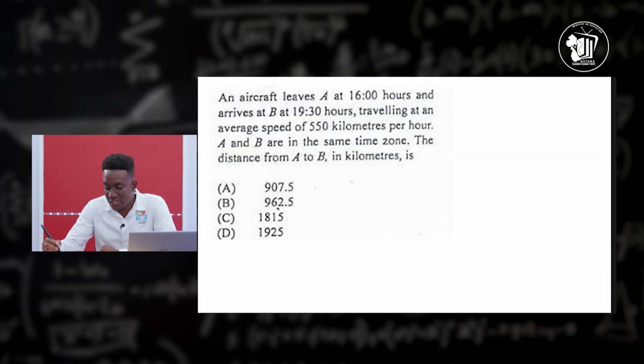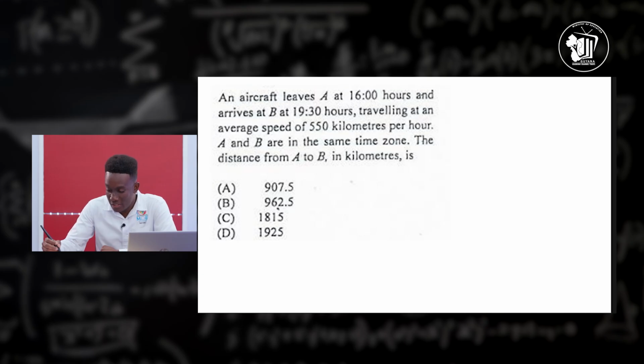So an aircraft leaves A at 1600 hours and arrives at B at 1930 hours, traveling at an average speed of 550 kilometers per hour. A and B are in the same time zone.